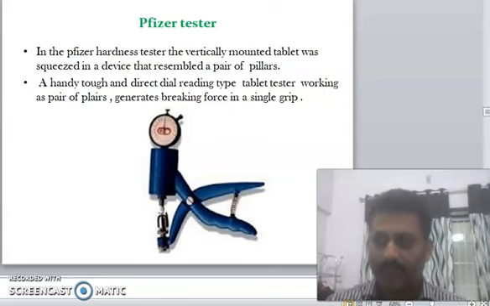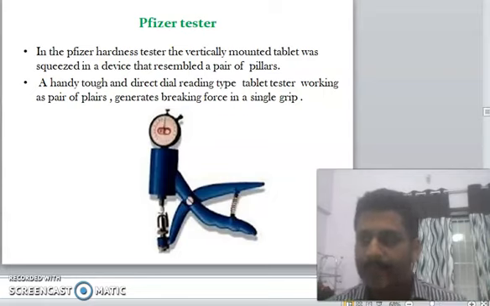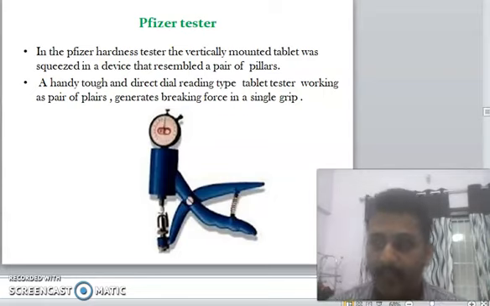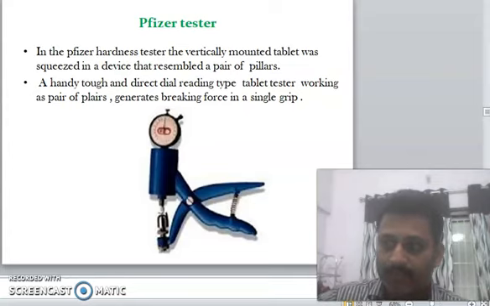The main one is the Monsanto hardness tester, the second is the Pfizer hardness tester, then the Strong Cobb tester, etc. These are all examples of hardness testers. First, we'll see the Pfizer hardness tester. The tablet is mounted vertically in a device that resembles a pair of pliers.